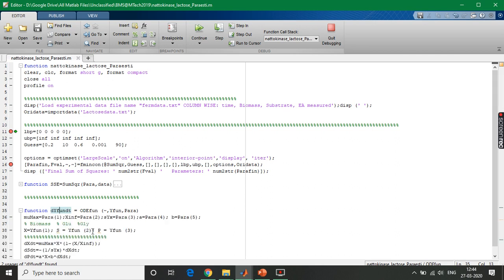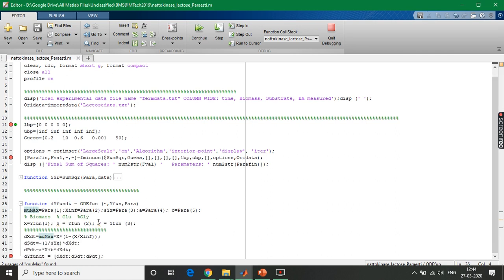For example, in this case the mu max, maximum biomass concentration, the substrate consumption for biomass, that is yield actually, and A and B. So 5 unknown things are there. These are the parameter for biomass growth related to product formation.